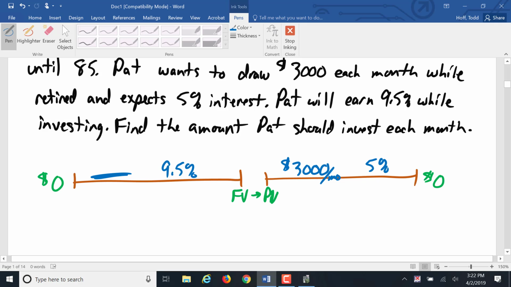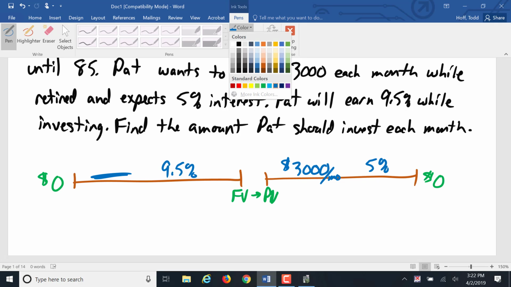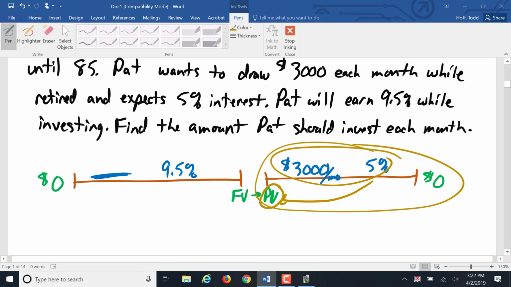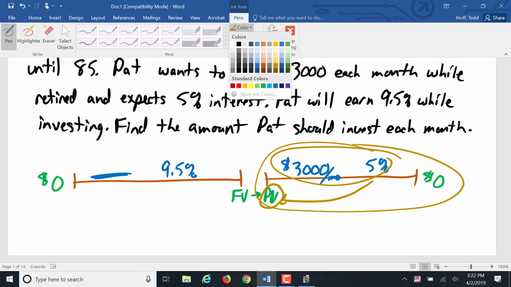So we look at which one of these phases we have all the information for, and in this case, it's the liquidation phase. So we're going to work backwards to find that present value that is needed at the beginning of that liquidation phase to get that $3,000 a month for that period of time at 5%.